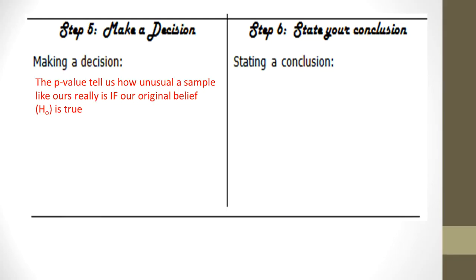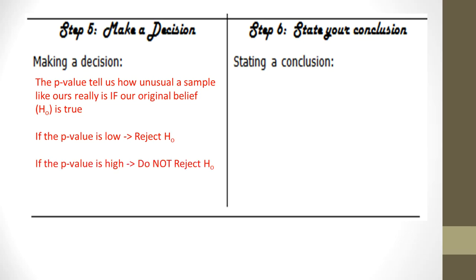So if our sample is really unusual, if our p-value is really low, that tells us our original belief is probably not true, and we're going to reject the null hypothesis. If our p-value is pretty high, that tells us our sample's pretty usual, it's pretty typical, and so our original belief is possible, so we will not reject the null. To determine whether or not it's high or low, typically we're going to use 5% as kind of a guess. If it's under that, that's low.